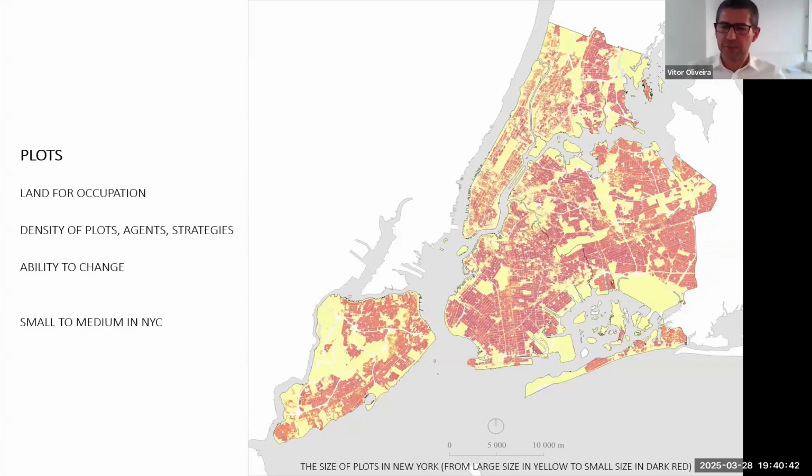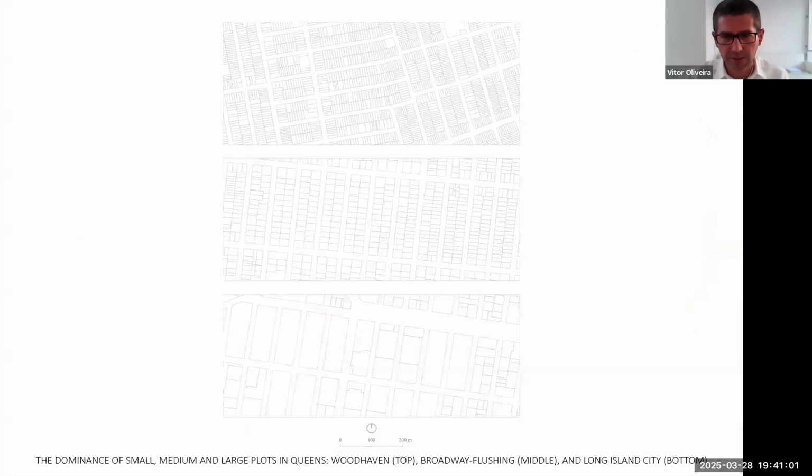Contrary to streets, when we look at New York, there are no significant differences between the boroughs in average terms. All these boroughs seem to have a high number of small to medium plots. Here, just an illustration of one of the things that I was telling.